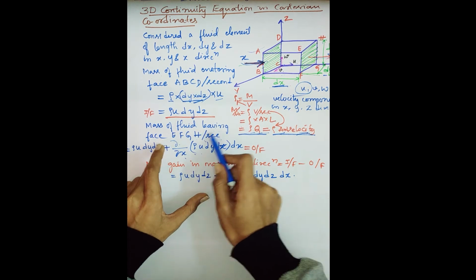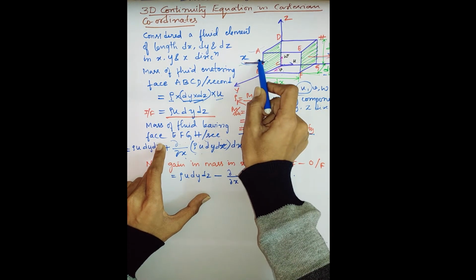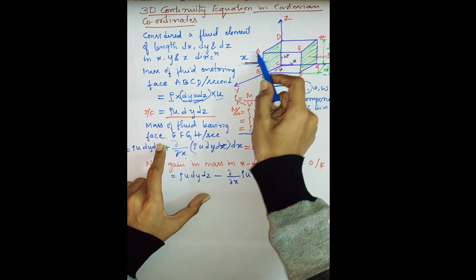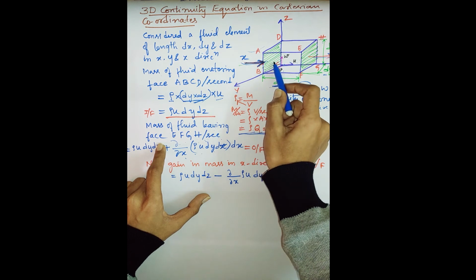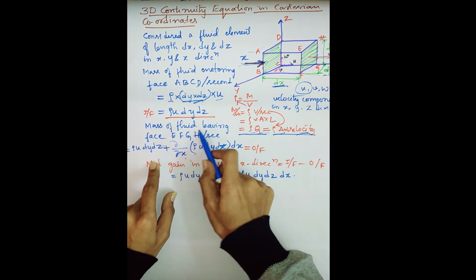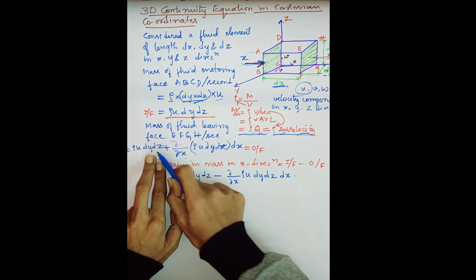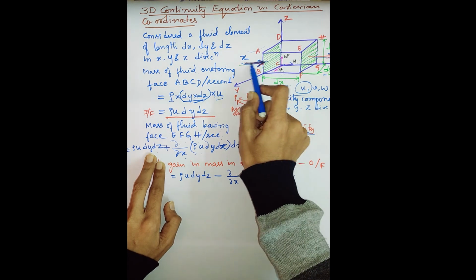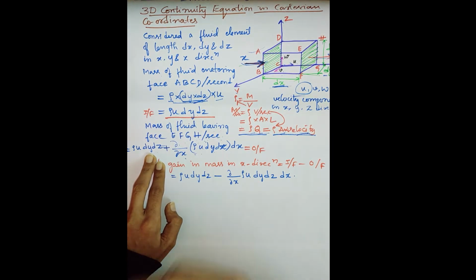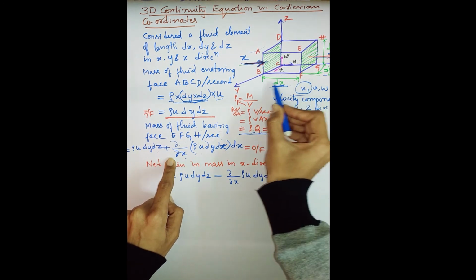The mass of fluid leaving the face EFGH per second: once it enters, it should leave the fluid element. So it will enter on face ABCD and leave on face EFGH. The mass of fluid leaving the face EFGH per second is equal to the initial mass, rho u into dy into dz, plus the change in that mass.